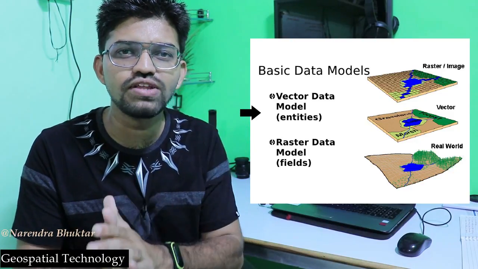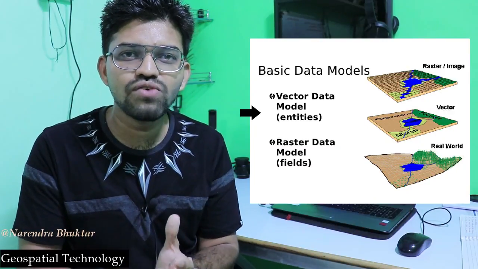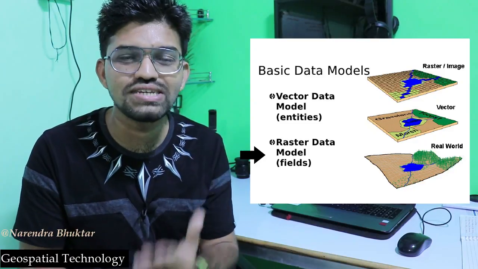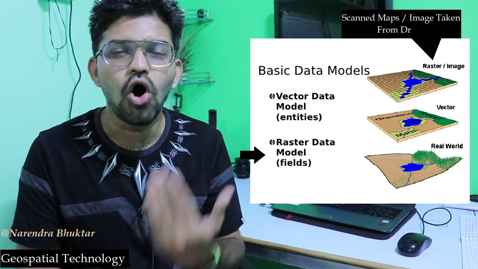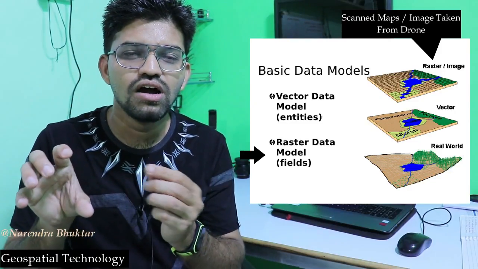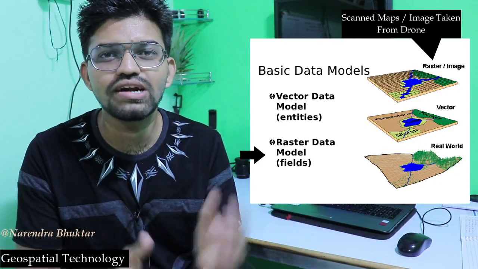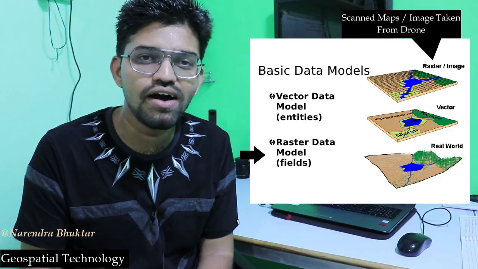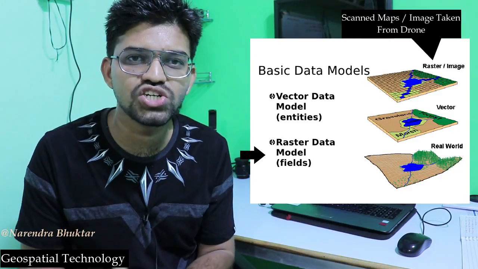It gives you everything, and that is the vector data, which is scalable. The second one is raster data. Raster data is imagery or scanned maps taken from a drone or a satellite image, and that image consists of different pixels. So these are the two types of data that are useful in geospatial technology.